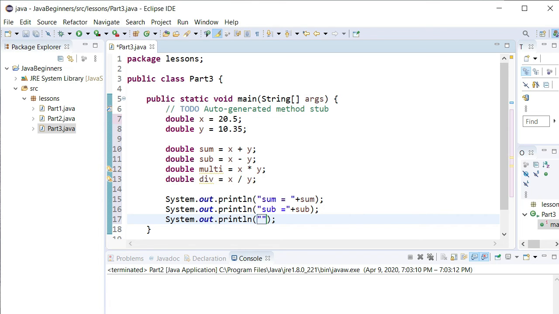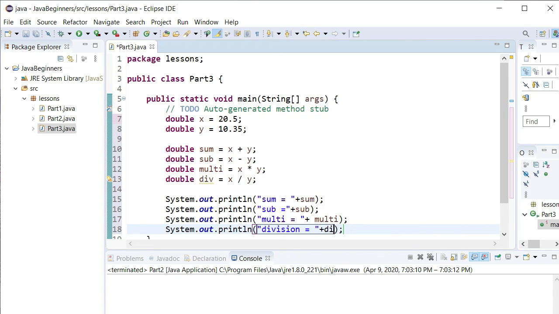Then multiplication equals multi. Finally, division equals plus d.